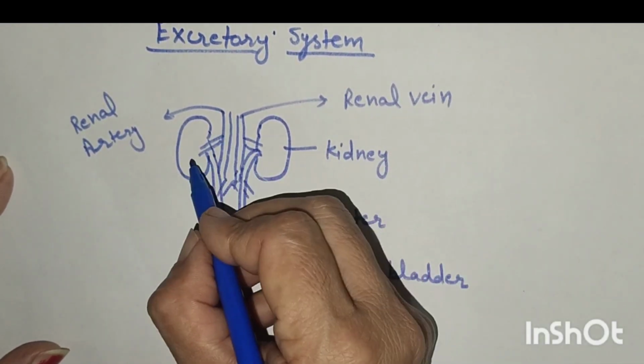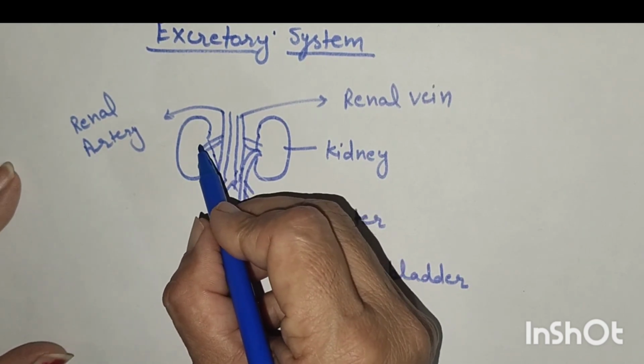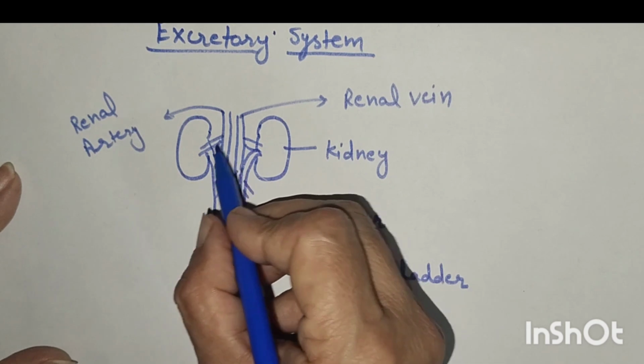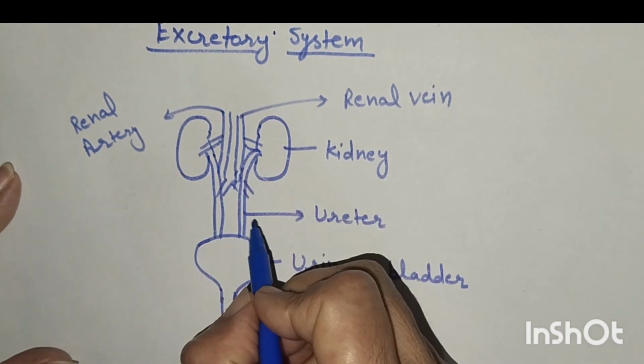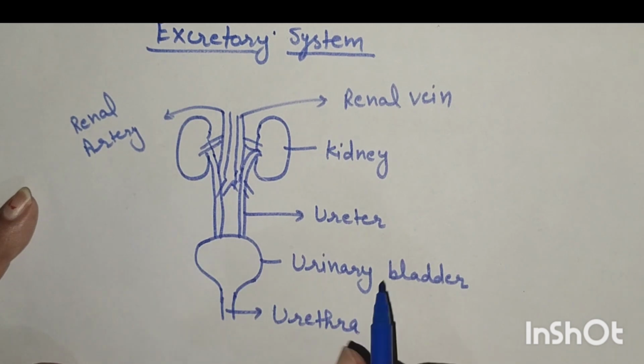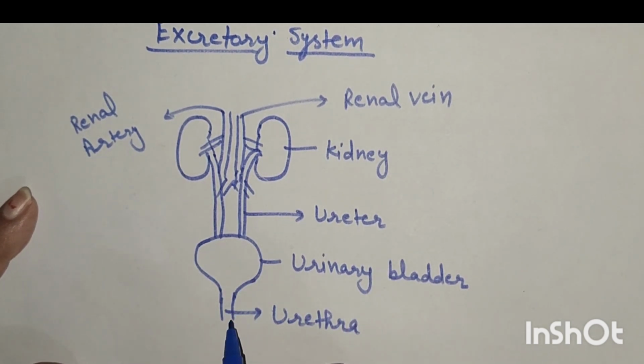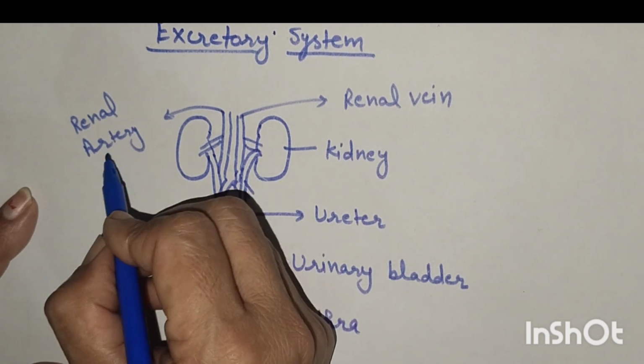These carry the blood to the kidney for filtration so that the kidney can purify the blood and remove the waste product through the ureter. It is stored for some time in the reservoir, the urinary bladder, and at the time of urination, urine is released from the urethra.